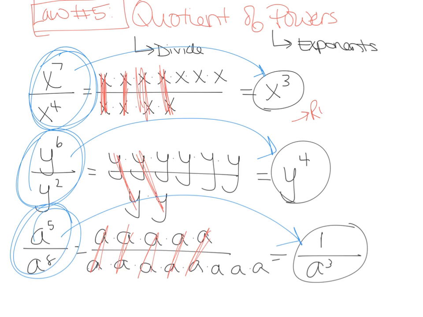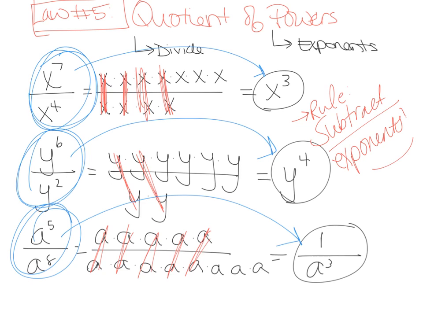So my rule, subtract exponents. So when there's division between them, I'm going to subtract the exponents. When there's multiplication between them, I'm going to add the exponents.